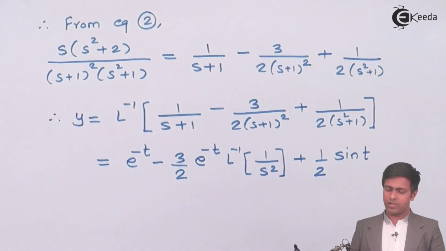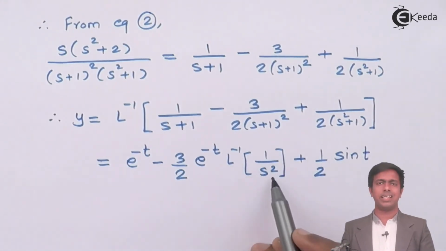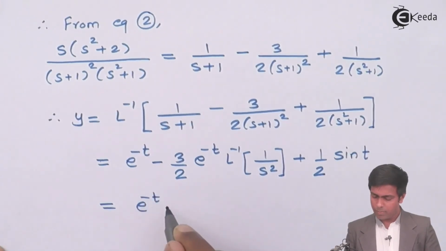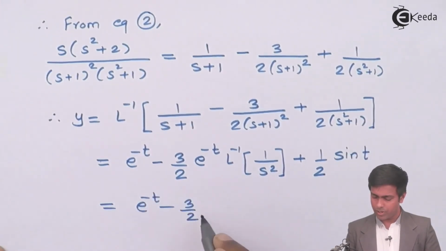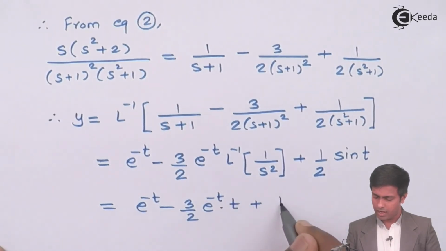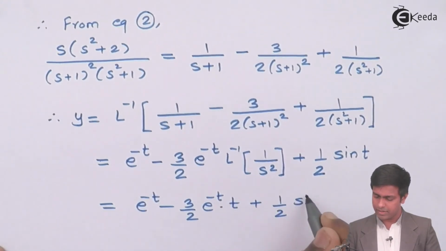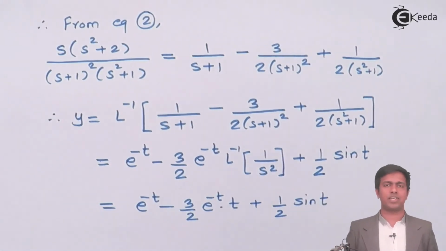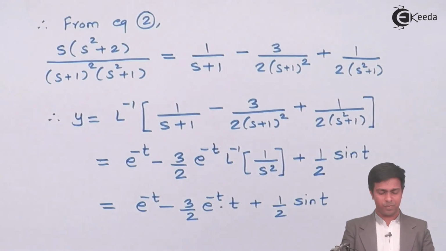Now guys, the inverse Laplace transform of 1 upon S square is t. So we will get e to the power minus t minus 3 by 2 e to the power minus t into t plus half into sine t. And guys, this is nothing but the inverse Laplace transform of the given function.